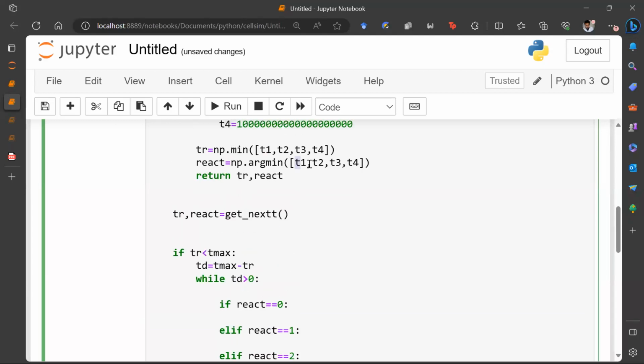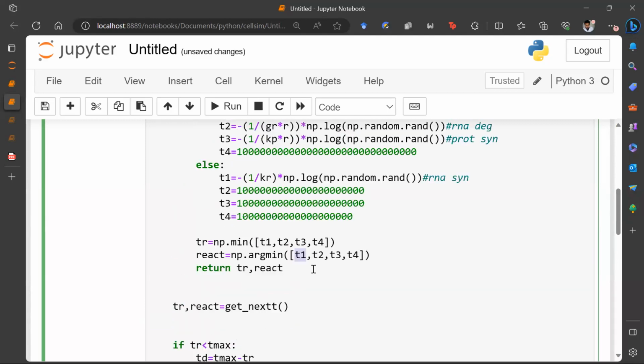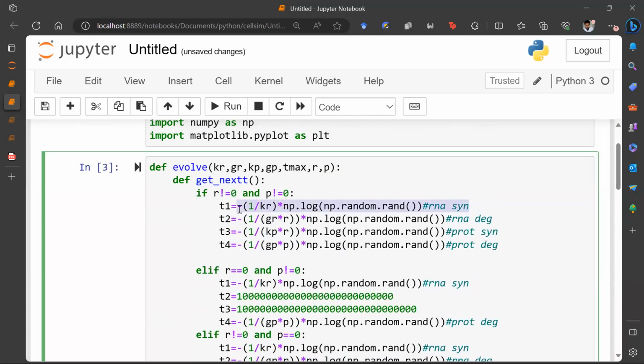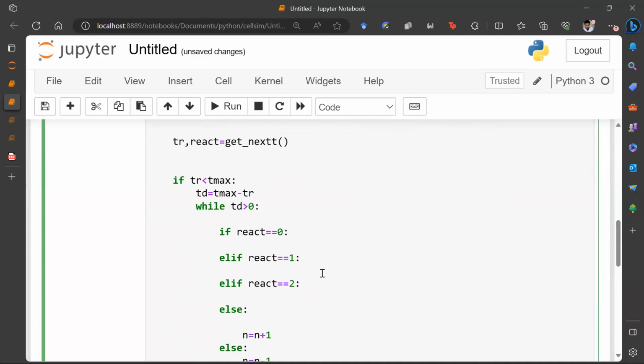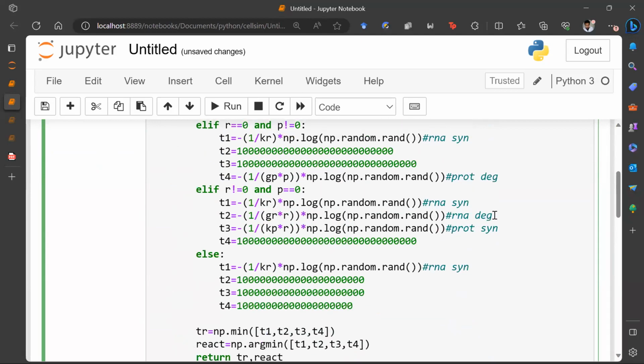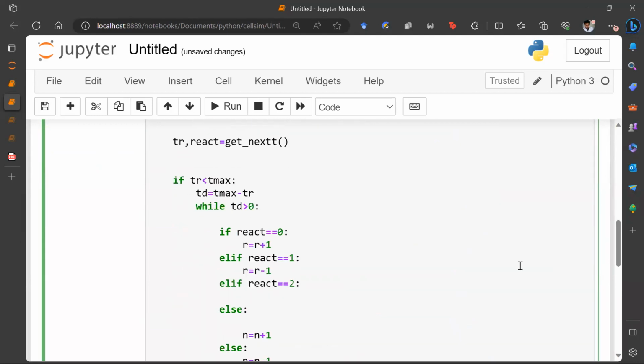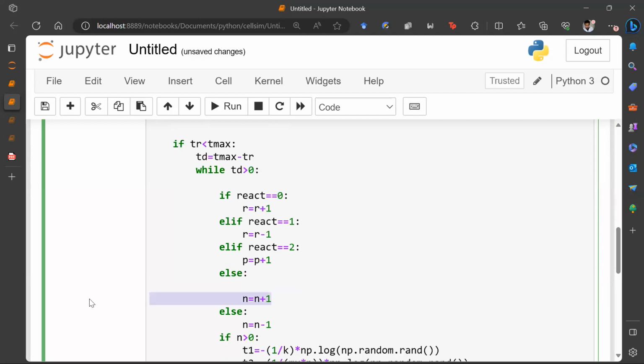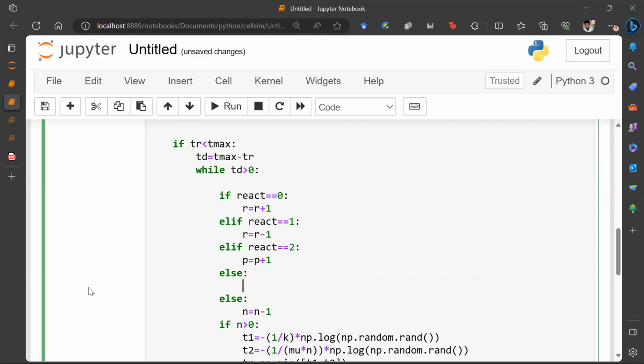So if my reaction is 0, it means that the minimum is T1. So T1 corresponds to the time for RNA synthesis. So if react is 0, there's an RNA synthesis. If my reaction is 1, the reaction is RNA degradation. If the minimum is T3, protein production, else protein degradation.